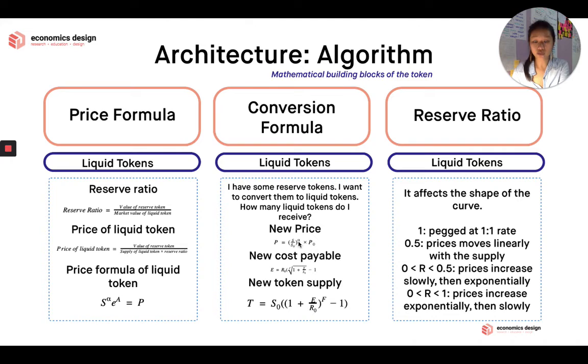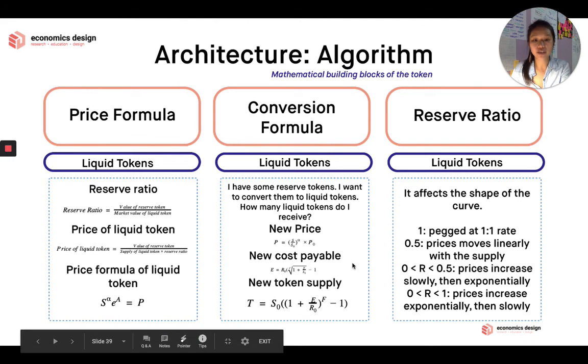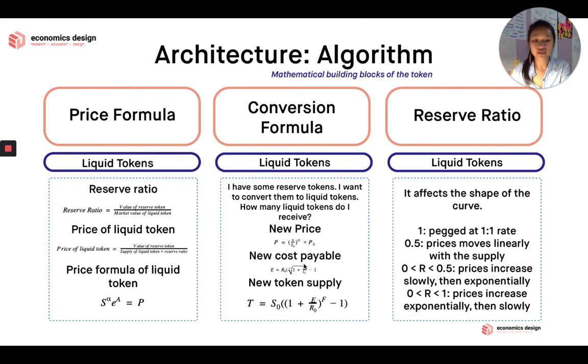So this is the new price. And then the new payable amount is this function that we talked about just now. We showed you there. The expansion and getting to there is basically integrating the area under the curve based on this new pricing, and you get this function. E is the reserve tokens payable, and this is what you get.